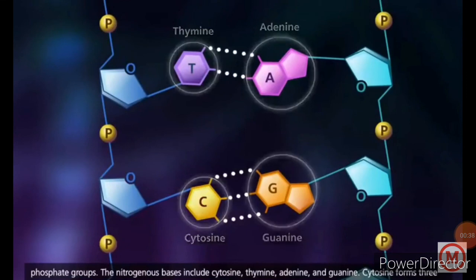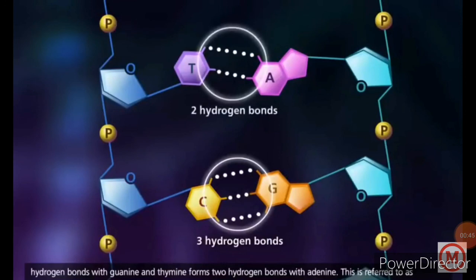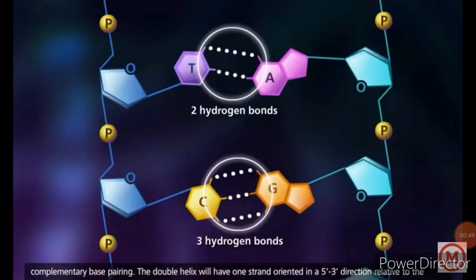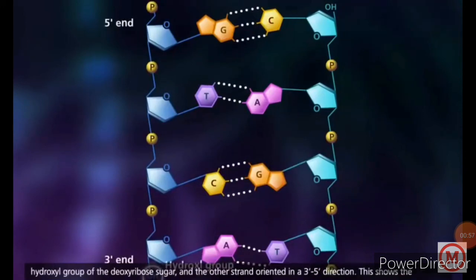Cytosine forms 3 hydrogen bonds with guanine, and thymine forms 2 hydrogen bonds with adenine. This refers to complementary base pairing, and the double helix will have one strand oriented in 5' to 3' direction relative to the hydroxyl group of the deoxyribose sugar, and the other strand oriented in 3' to 5' direction.